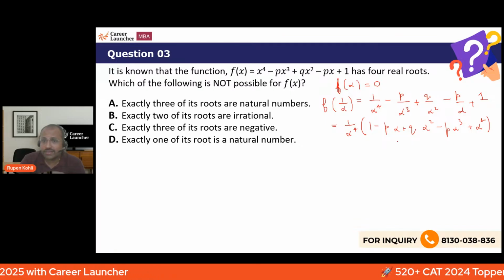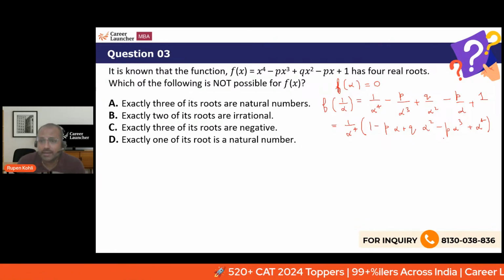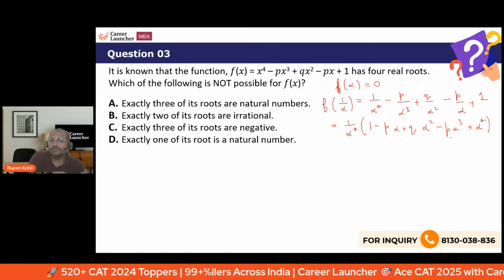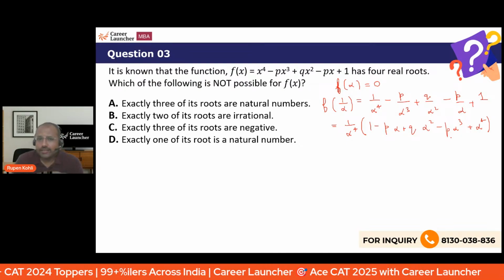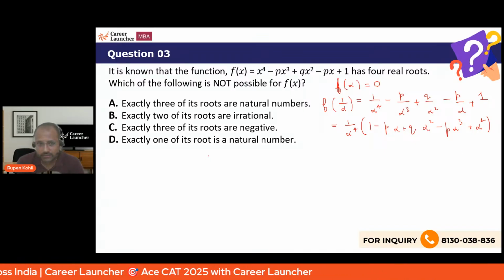So this expression you have taken to be 0 to begin with, just written in the reverse order. So this is the first deduction from the nature of the equation.